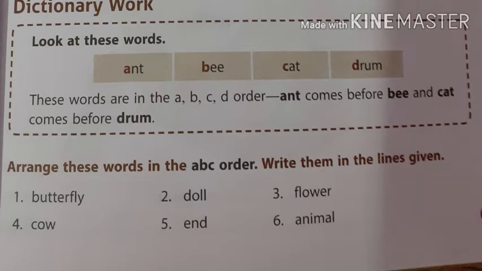The first word should be ant, and the second word is animal, the third is butterfly, the fourth is cow, the fifth is doll, and the sixth is flower. Now we can write these words in the lines given below.